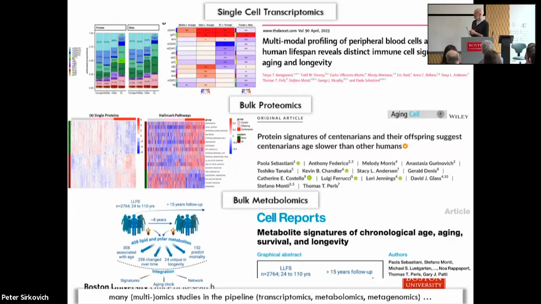And the most recent study of bulk metabolomics identifies metabolite signatures of aging, longevity, and survival. These are just a few samples of multiple studies that have been completed or are ongoing, all aimed at identifying these factors that contribute to healthy aging and longevity.